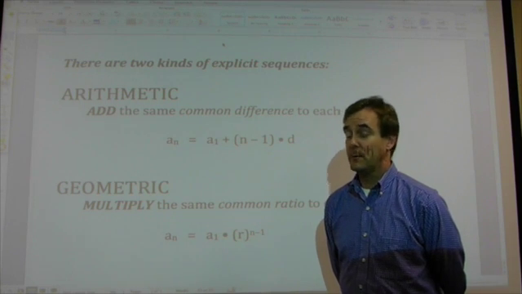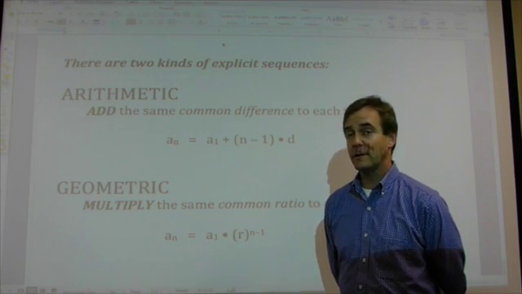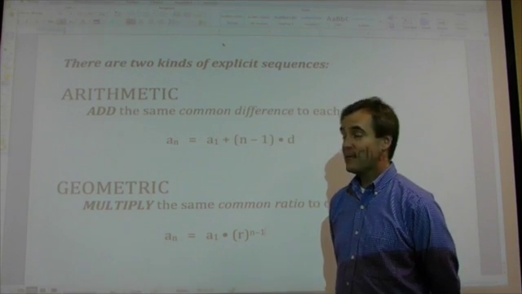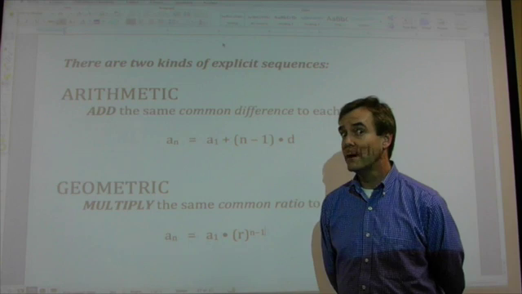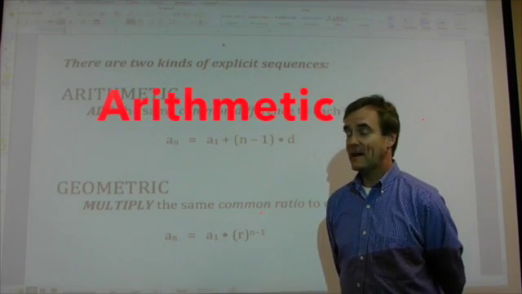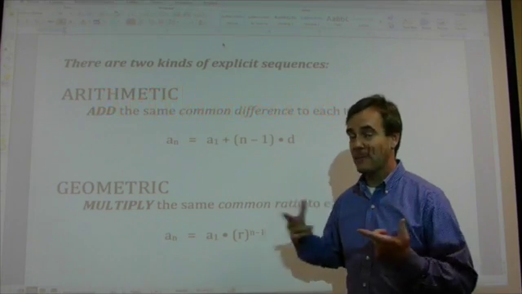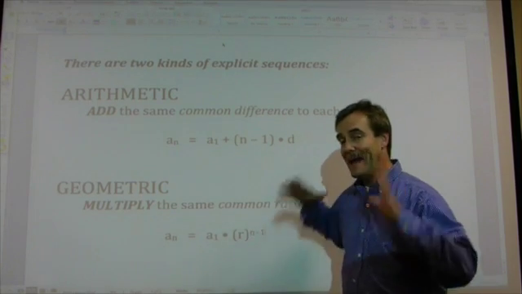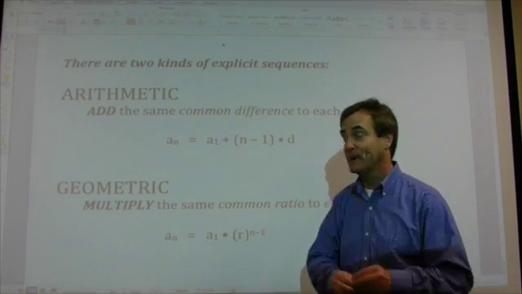Now, recursive is pretty simple. Find the previous term, make some changes to it, get to the next one. But explicit sequences, there's several different ways you can do them, but there are two that are really the most common. An arithmetic sequence takes whatever the previous number was and adds something to it every time. Write this down because this is the formula that makes an arithmetic sequence explicitly.